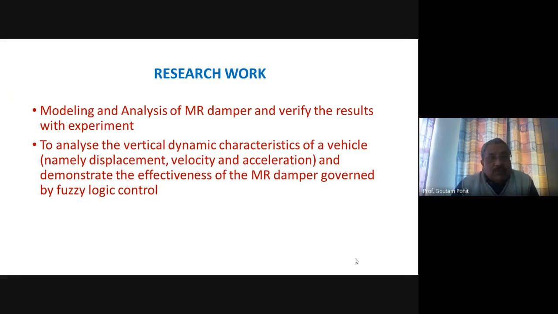First of all, the modeling and analysis of the MR damper, which is a very complicated thing, and you have to verify the results with experiment, to analyze the vertical dynamic characteristics of a vehicle, namely displacement, velocity, and acceleration. That means basically the road response of a vehicle, and demonstrate the effectiveness of the MR damper governed by, sometimes we use fuzzy logic control to govern the MR damper.